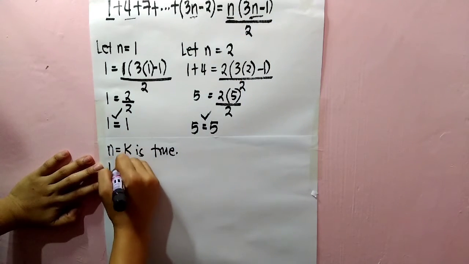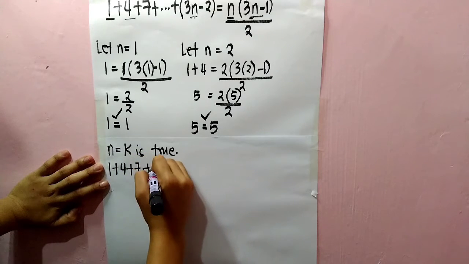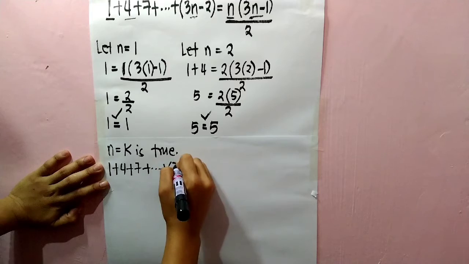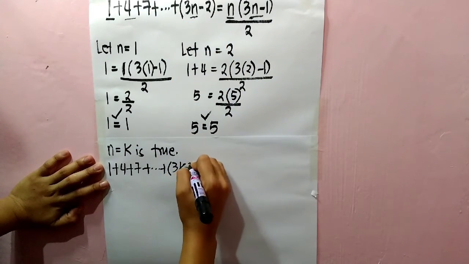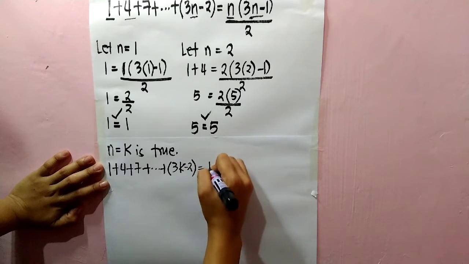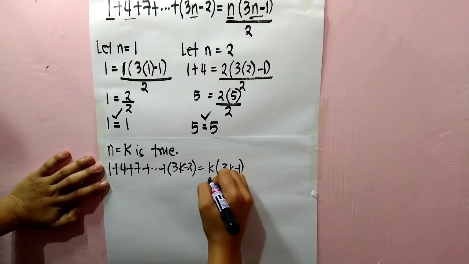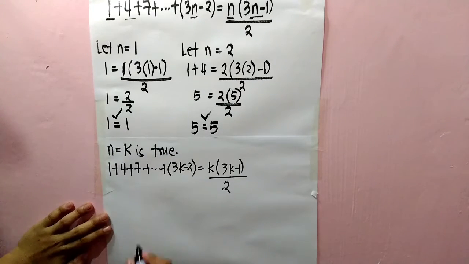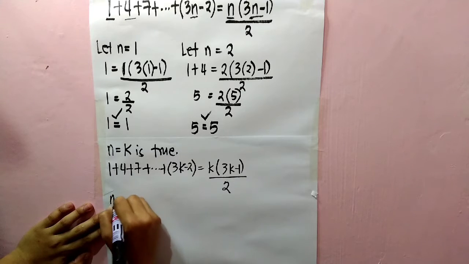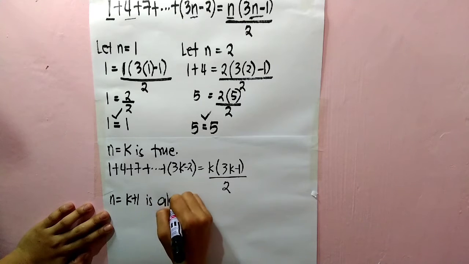So we have 1 plus 4 plus 7 plus all the way to plus 3k minus 2 equals k times 3k minus 1 over 2. Then we will prove that n equals k plus 1 is also true.